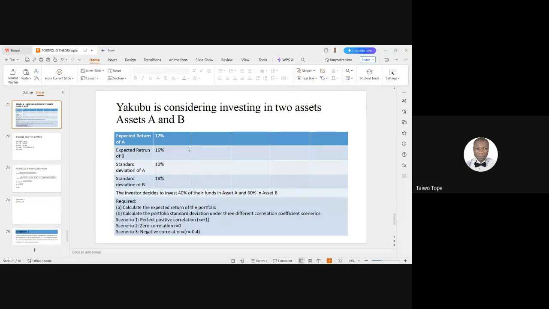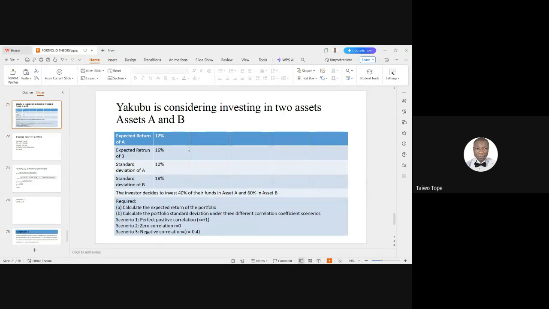Returns and all other data relate to a 1-year period. Required: estimate the alpha for each of these company shares and explain what use alpha values might be to financial managers.